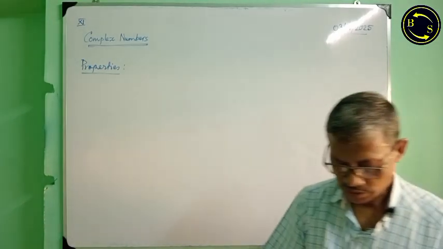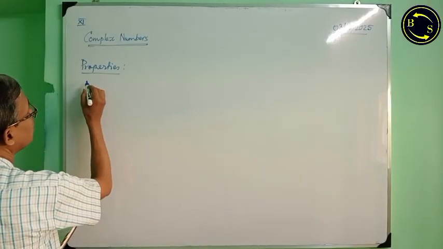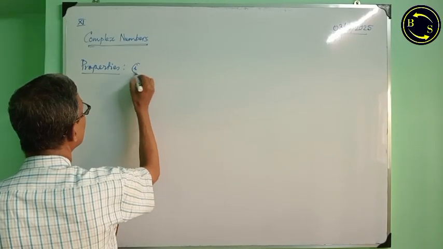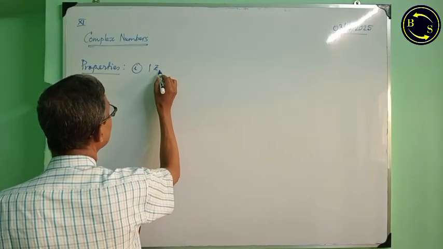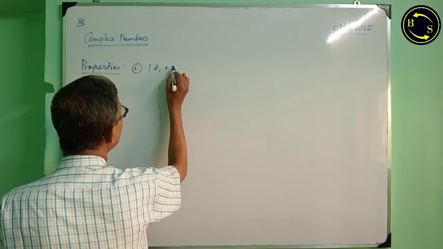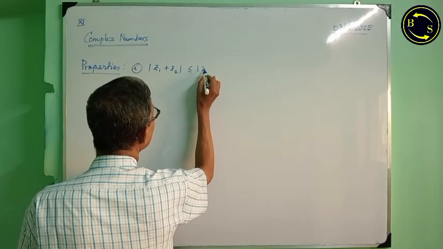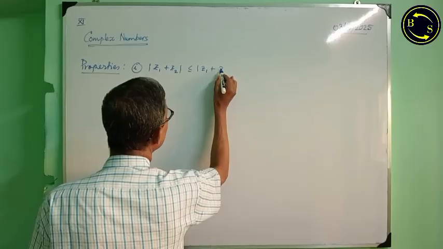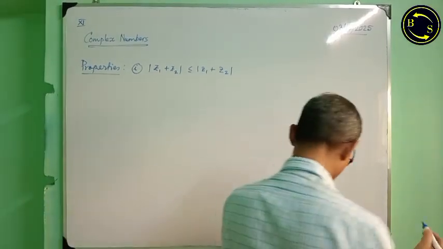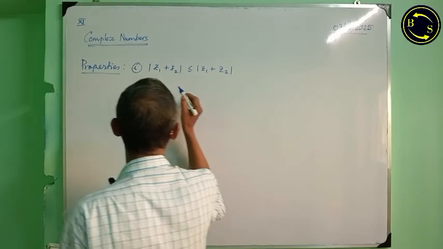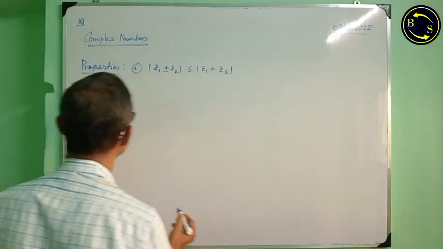I will discuss serially. Number 1: modulus of Z1 plus Z2 is less than or equal to modulus Z1 plus modulus Z2. Also, this will hold for the difference of the two complex numbers.